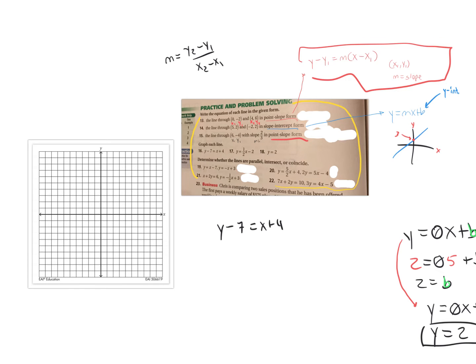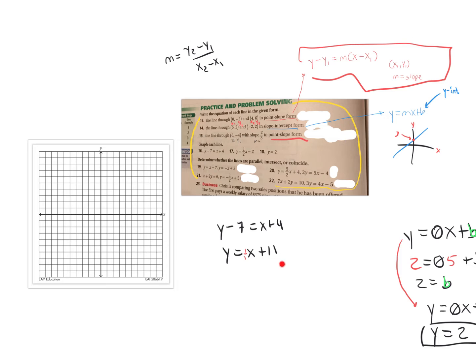All we have to do to turn it into this blue structure is get the y by itself. In order to do that, we could add 7 to both sides, and that would give us x plus 11. What this is saying is that there's an invisible slope of 1 over 1 in front of the x, and the y-intercept is at 11.